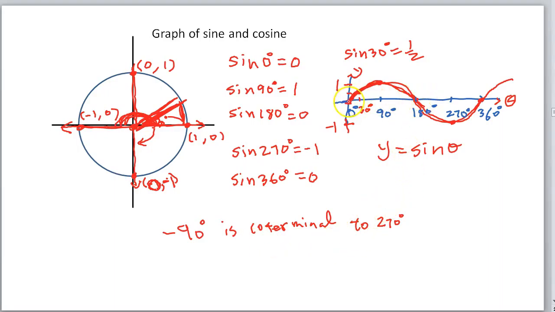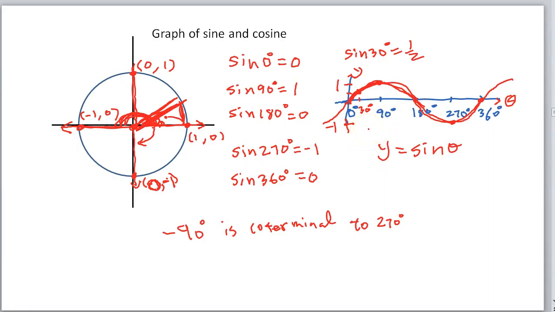Okay, so if you do this, then you can also draw the graph of the sine function going to the left, and basically all the graphs are just the repetition of what you see from 0 to 360. So knowing the graph of the sine from 0 to 360 is important. If you know this, you can always copy and paste this much to the right and to the left to create the graph of the sine for any angle.